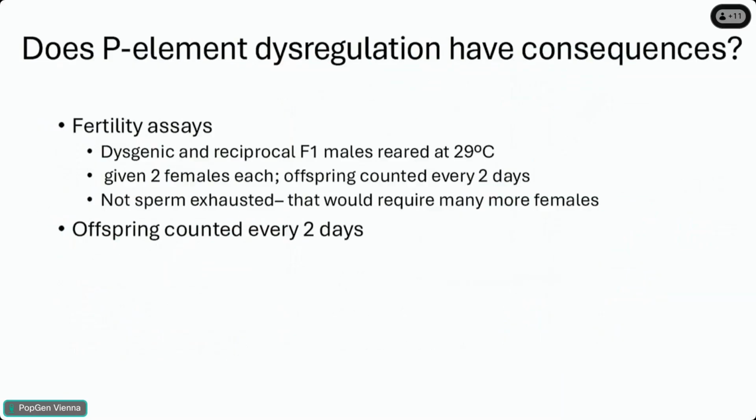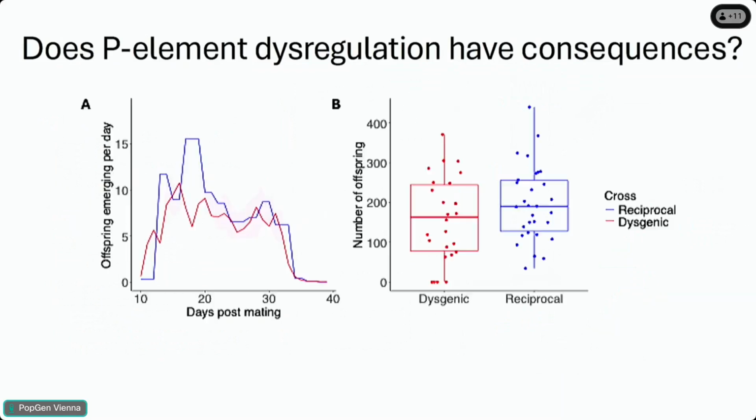Okay. Does this show up in fertility? So we did some fertility assays. They were not very exhaustive, so we didn't try to sperm exhaust the males. We just gave them some females and counted how many offspring occurred every couple of days. Here we've got dysgenic males in red and reciprocal controls in blue. And you can see that there's not a huge difference between the two.